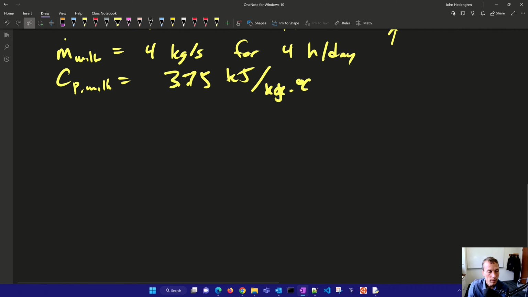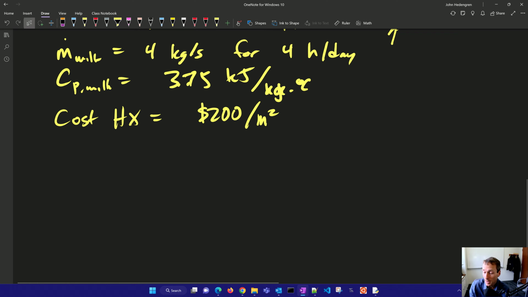Then we also have the cost of all the heat exchanger surfaces. So the cost of heat exchangers is going to be equal to $200 per square meter.